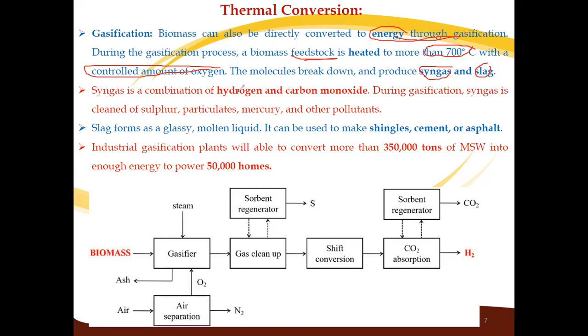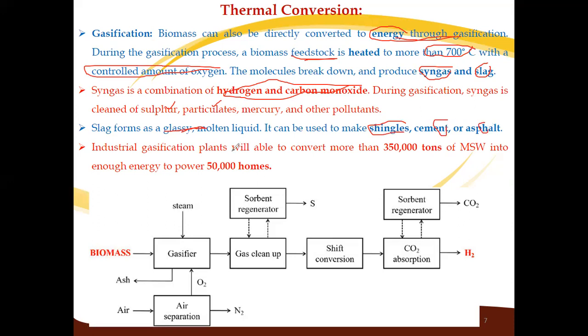Synthetic gas is a combination of hydrogen and carbon monoxide. During gasification, the syngas is cleaned of sulfur, particulates, mercury, and other pollutants. Then the slag forms a glossy molten liquid that can be used to make shingles, cement, or asphalt.